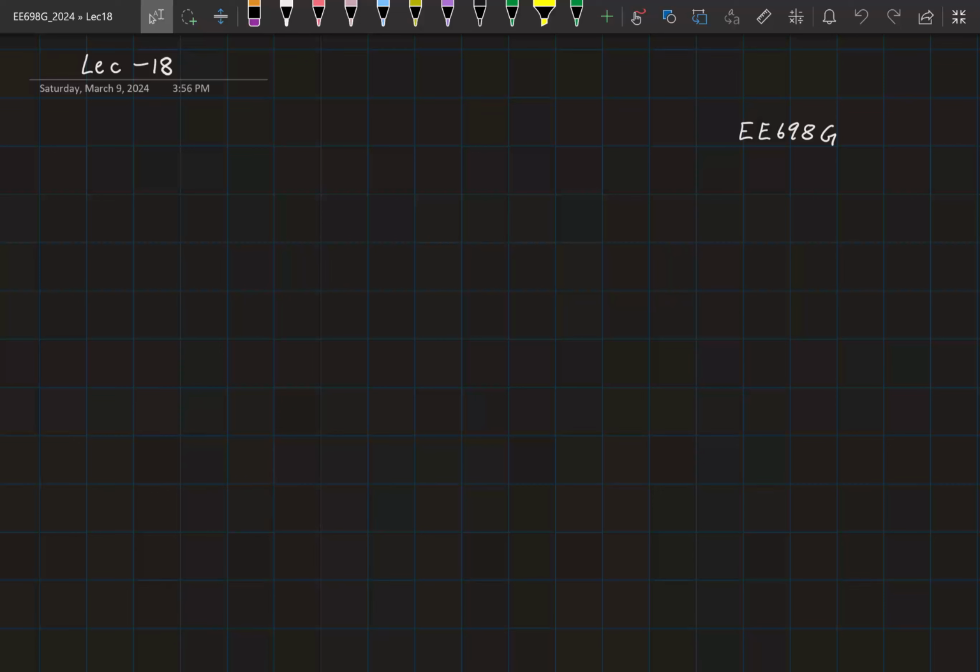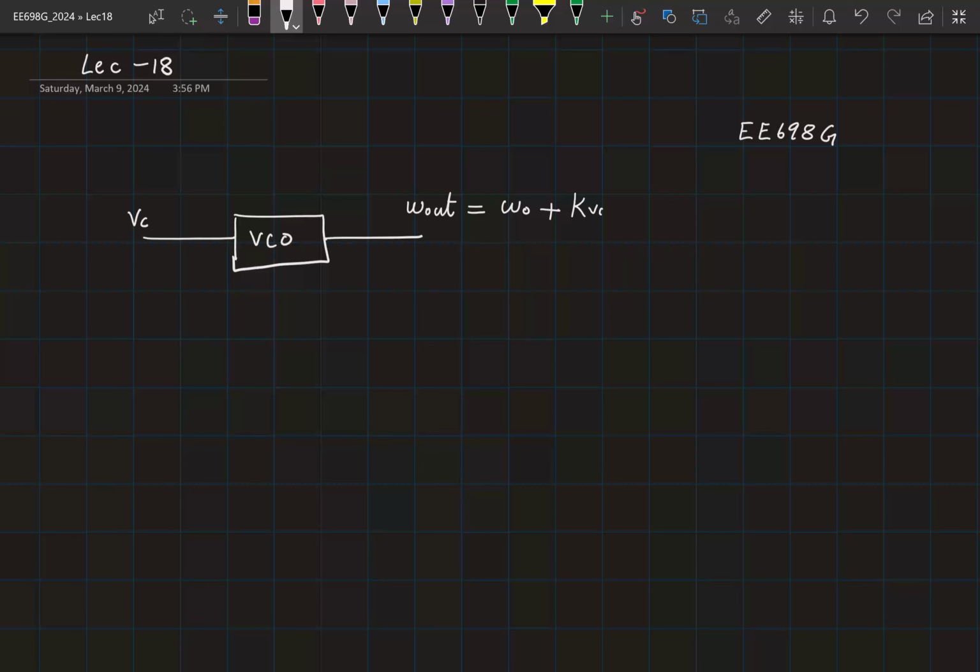So in particular, you were looking at a VCO. What is a VCO? Voltage controlled oscillator. So if I give a VC at the input, what is the frequency at the output? You can refer to your notes and then tell me the answer. Some free running frequency omega naught plus KVCO into VC, right?